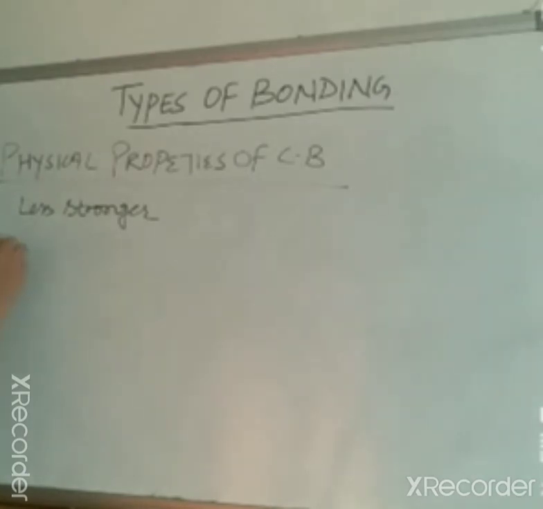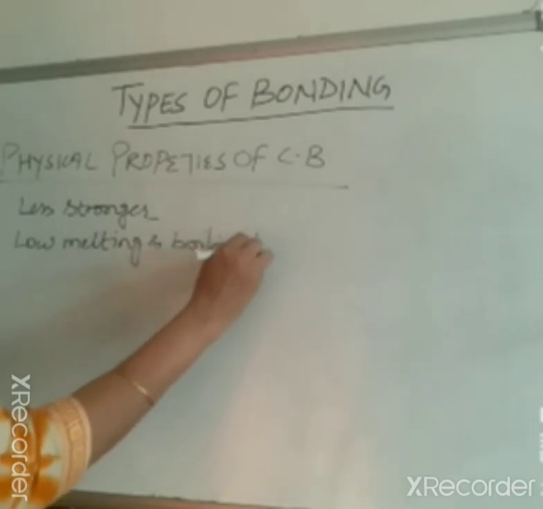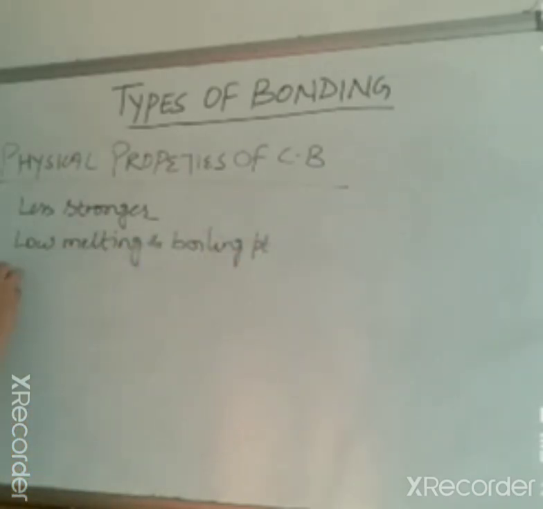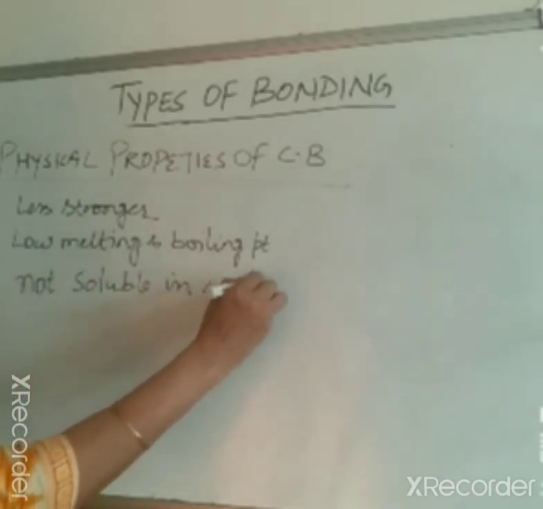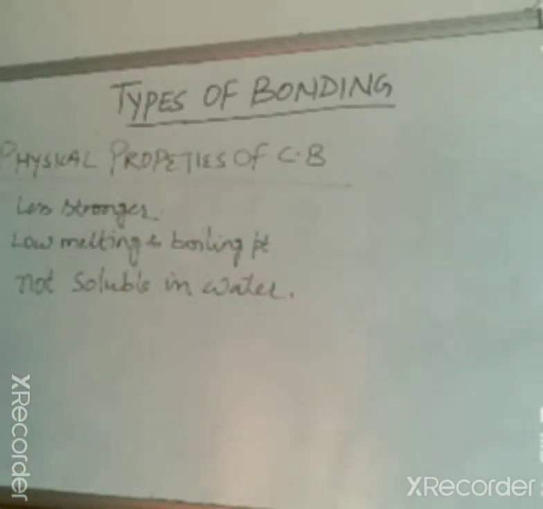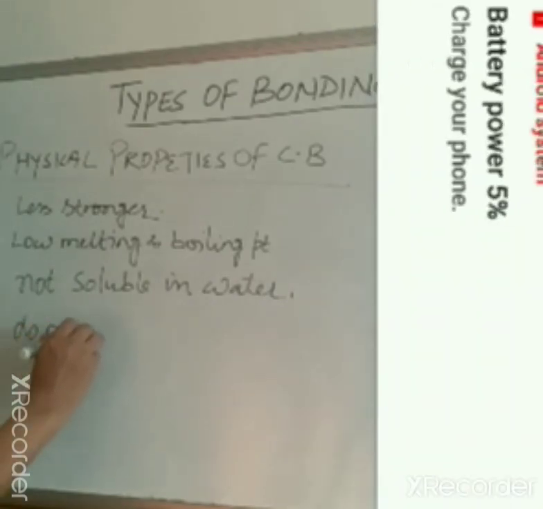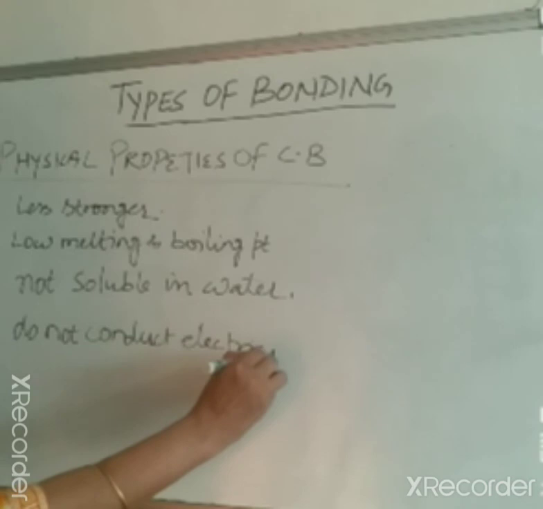Second, they have low melting and boiling point. Third one, they are not soluble in water. The compounds formed with covalent bondings are not soluble in water. And fourth, they do not conduct electricity.